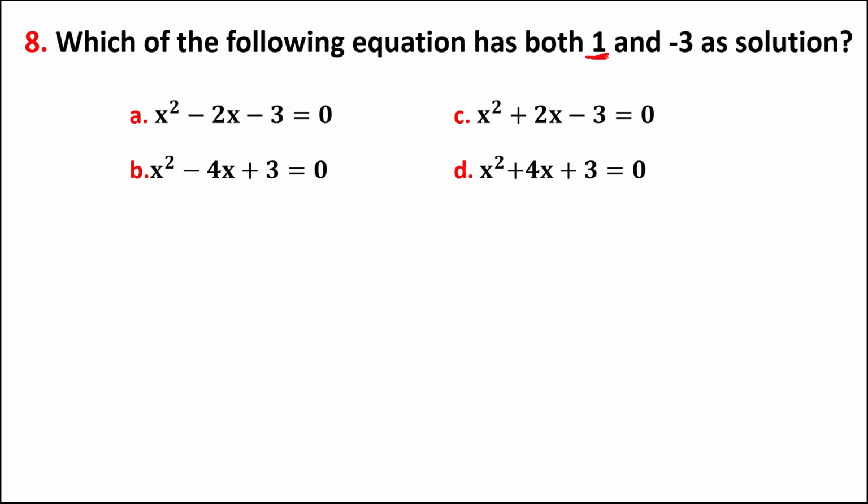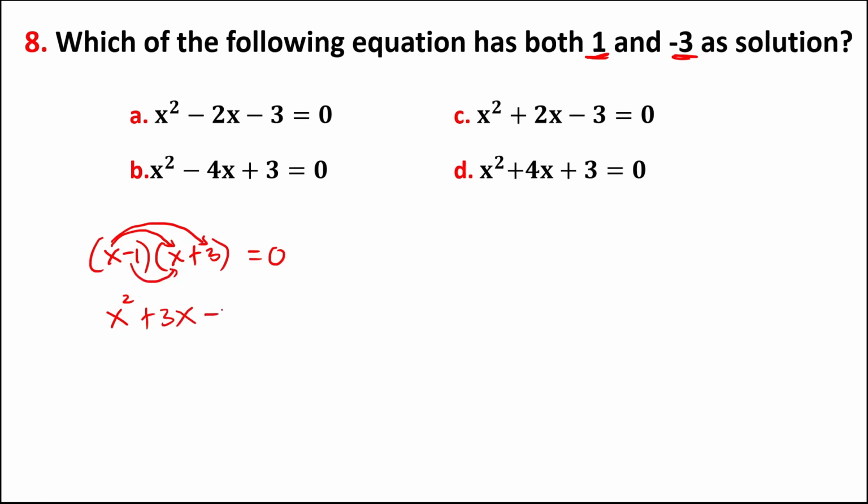So for positive 1, this becomes x minus 1, times for negative 3, that's x plus 3, then equals 0. Then to expand, using the FOIL method, x times x, this one is x squared. X times 3, this one is 3x.